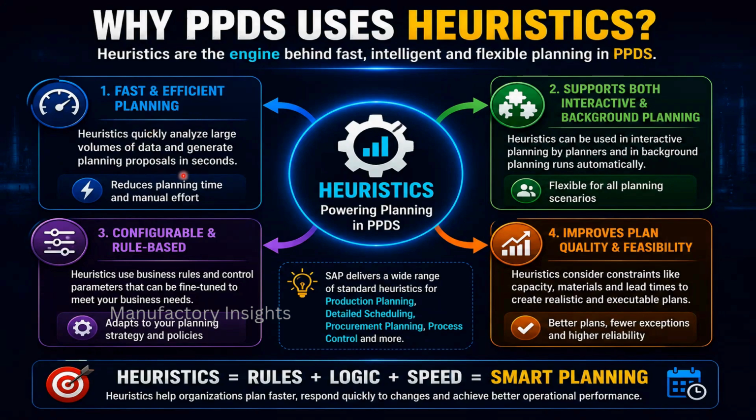So, heuristics provide a fast and efficient way to generate feasible plans. It also supports both interactive planning as well as planning in background mode. Moreover, heuristics are configurable and rule based.